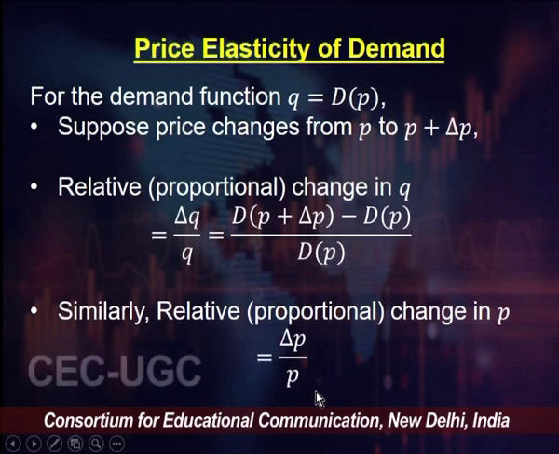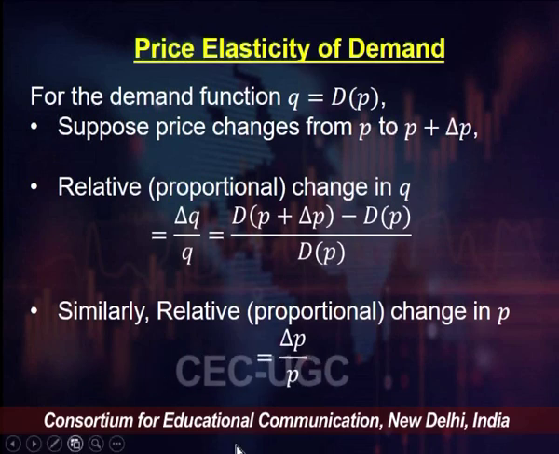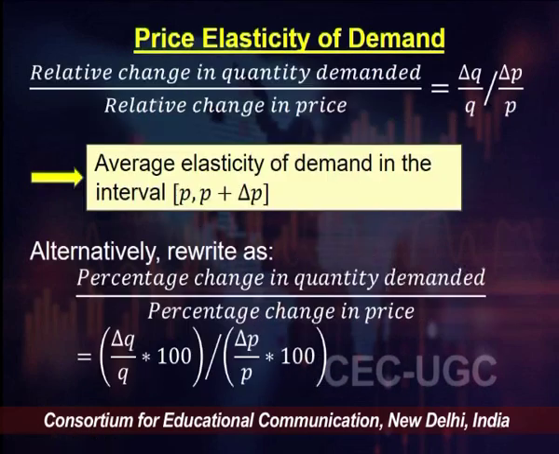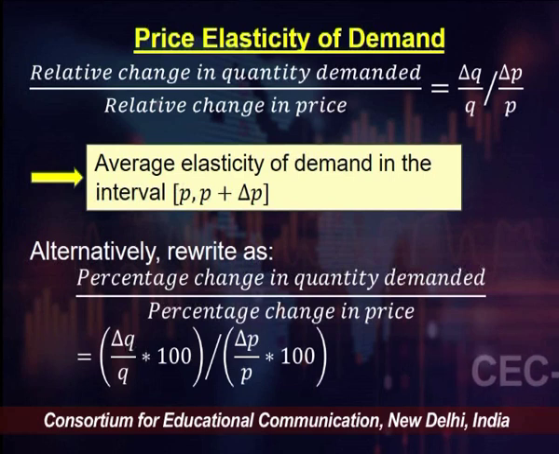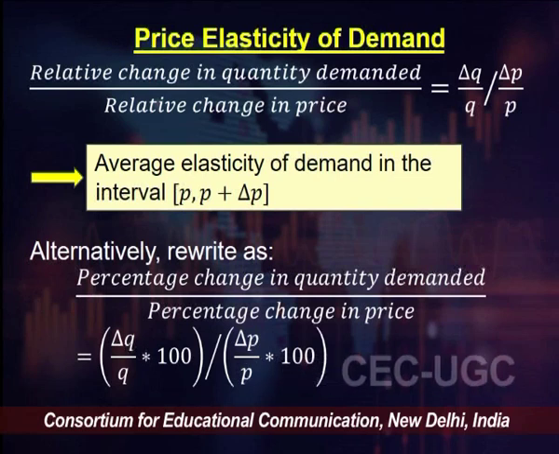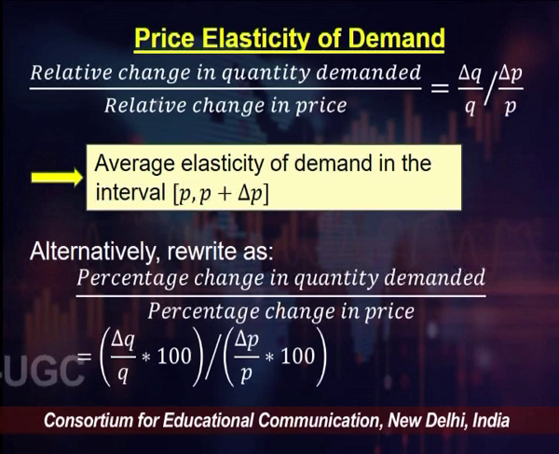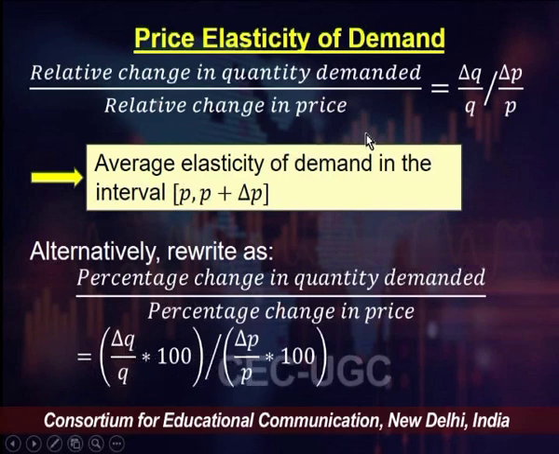And now the measure of elasticity that we get is given by the relative change in quantity demanded. So, instead of looking at by how many units the quantity demanded changes when the price of that commodity changes by 1 rupee, we are now looking at the relative change in quantity demanded divided by the relative change in price as the measure of elasticity.